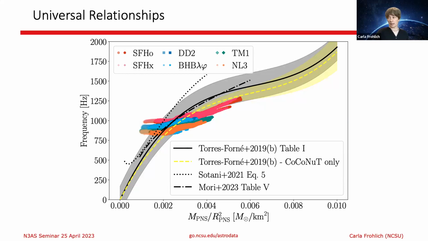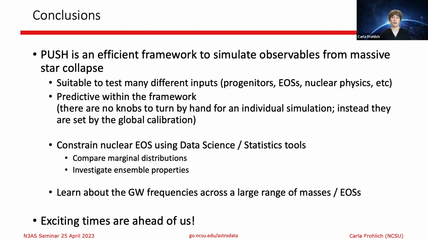All right, and with that, I'm going to come to my conclusions here. And I hope I have convinced you that effective supernova models have exciting applications that are complementary to multidimensional simulations, that they're able to produce synthetic data sets of supernovae and their multi-messenger observables that are large enough to apply data science or statistics tools on them.